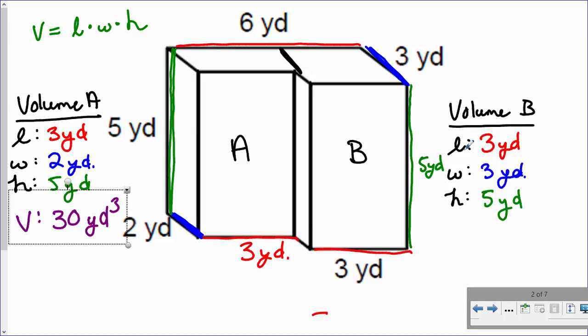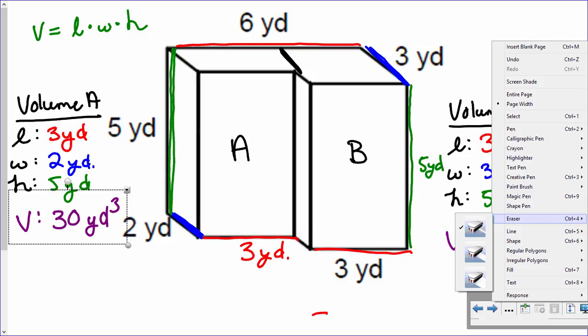Alright, so for volume B, we do 3 times 3, which is 9. 9 times 5 gives us a volume of 45 cubic yards. So the volume of A is 30, the volume of B is 45.